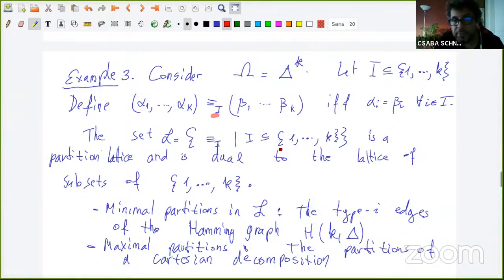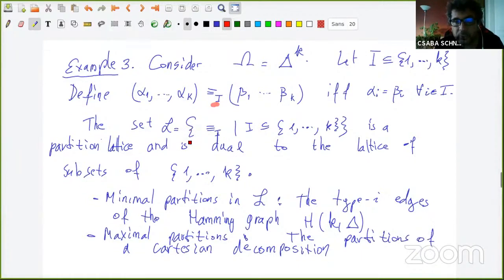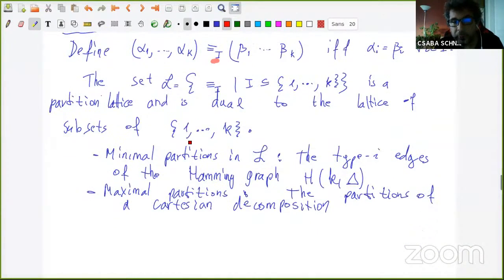You get a partition for each subset. The set of these partitions, for every subset of 1 up to k, is going to be a partition lattice. Here I'm identifying partitions with equivalence relations. So I get a partition lattice, and this is what we call a Cartesian lattice of partitions, or Cartesian partition lattice.